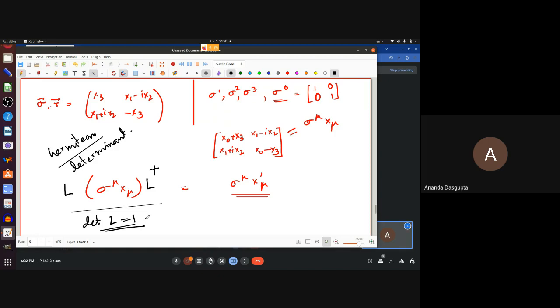And that actually is the group. L has to come from a group: the group of 2 by 2 complex-valued matrices with unit determinant. That is SL2C, the special linear group in 2 dimensions, complex valued.